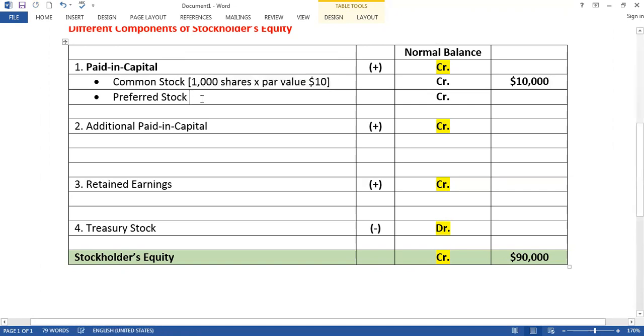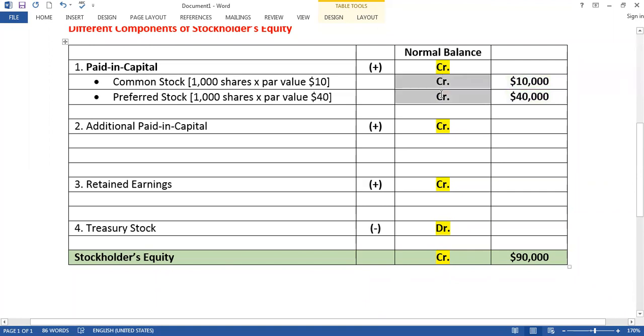Maybe company sells 1,000 shares, and the par value may be $40. Do you understand? Company sells common stock, company sells preferred stock.